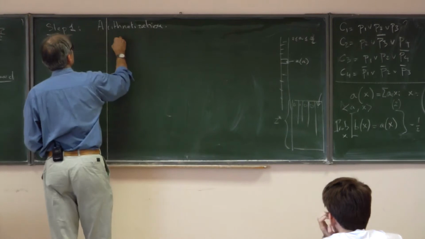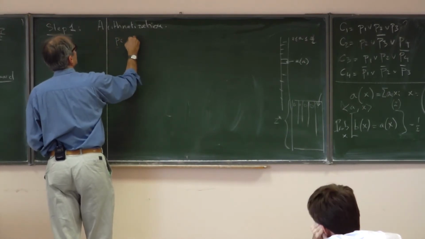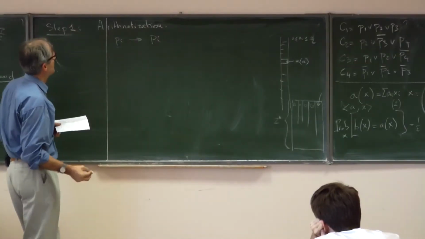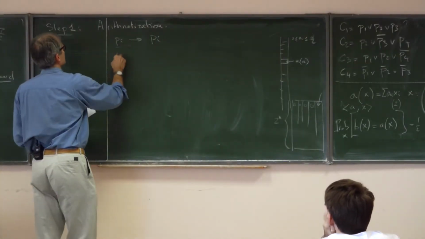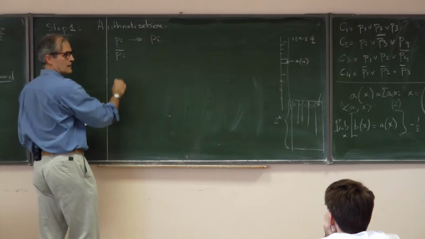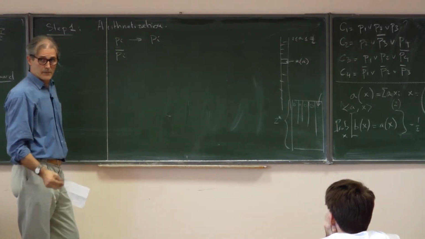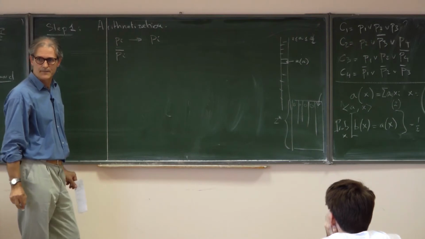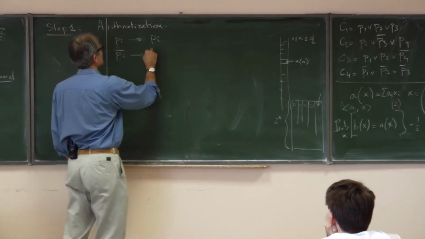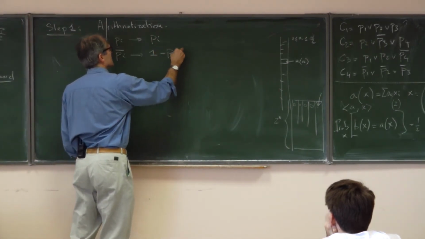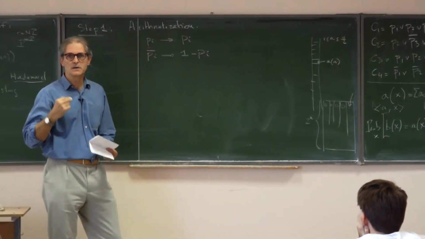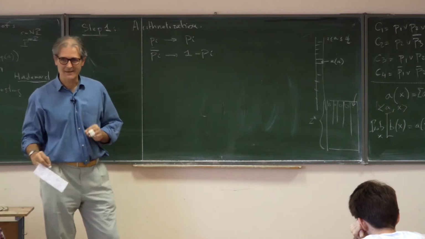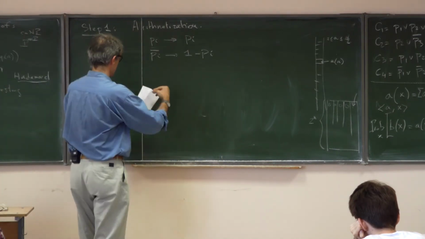So obviously, when I see p_i, I will consider that I have a variable p sub i. When I see p_i bar, what should be the arithmetization of p_i bar? 1 minus p_i. Okay, so remember, we're going to interpret all the variables on 0, 1. So you have to think about this.